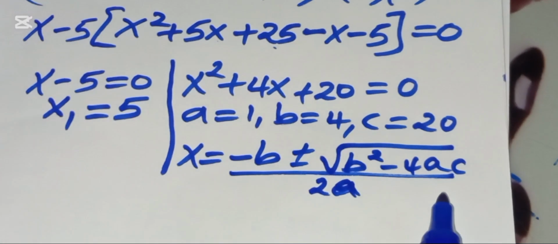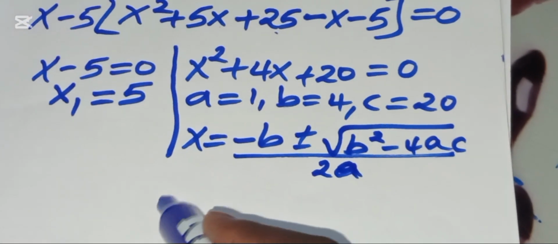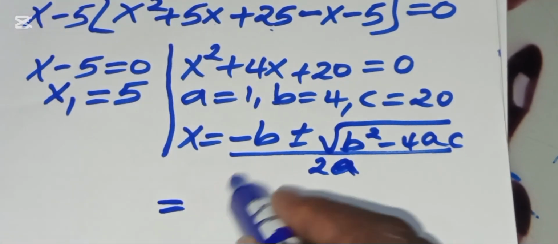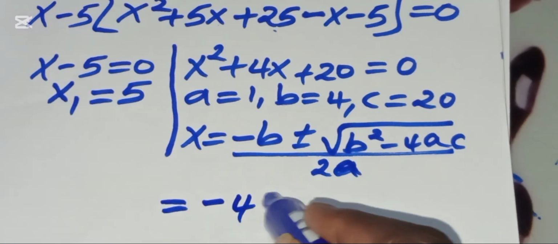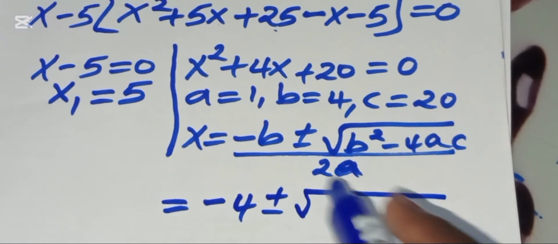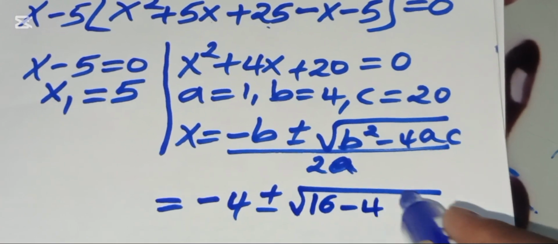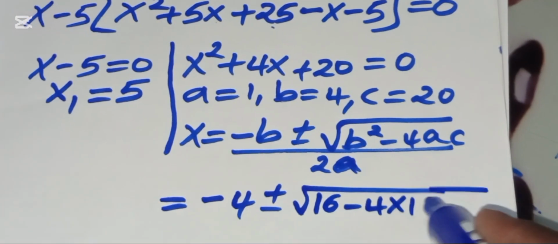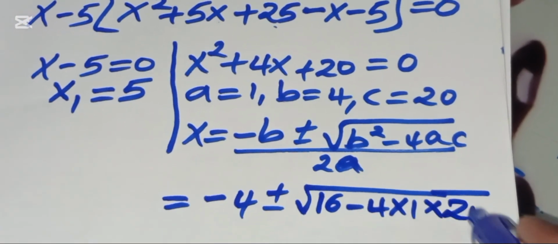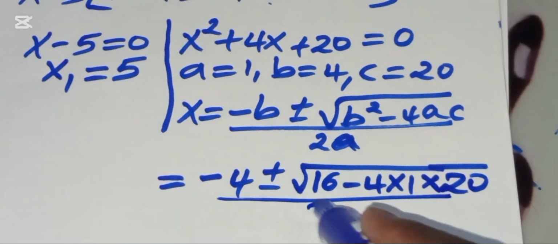Now we'll have negative 4 plus or minus the square root of b squared, which is 4 squared, which is equal to 16, subtract 4 times 1 times c, which is equal to 20, divide everything by 2, okay?